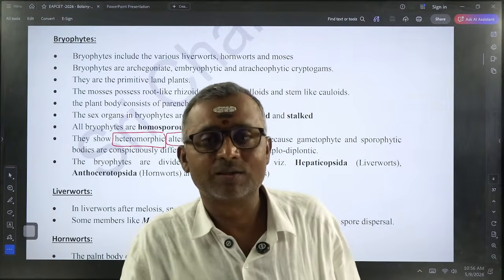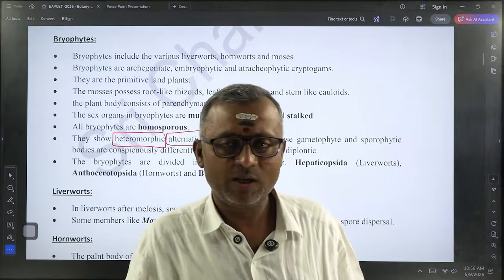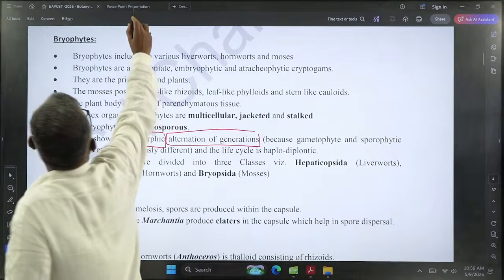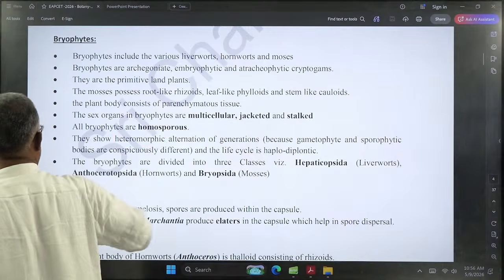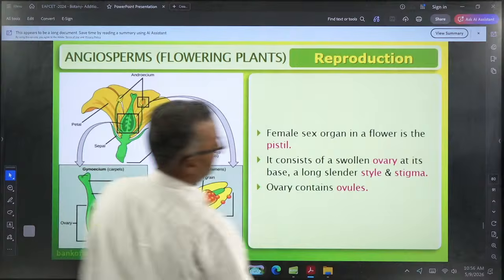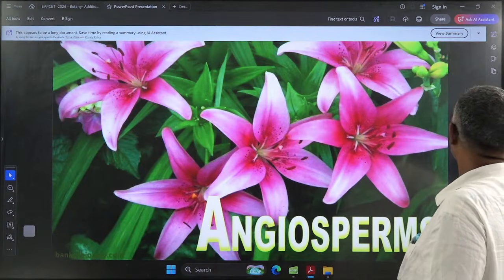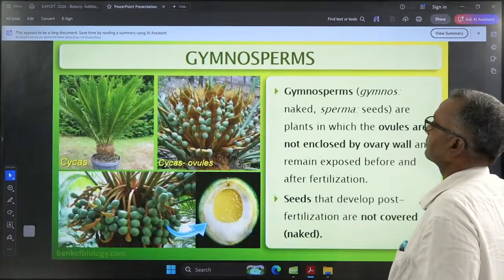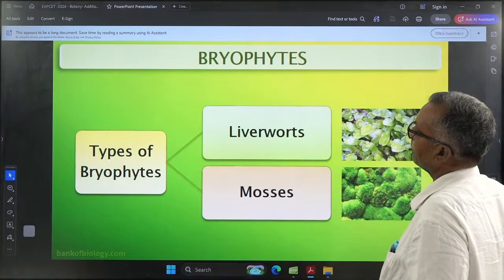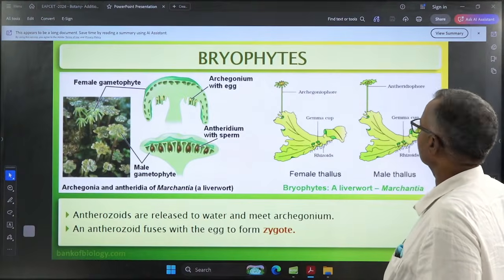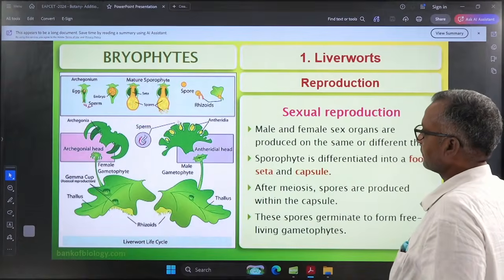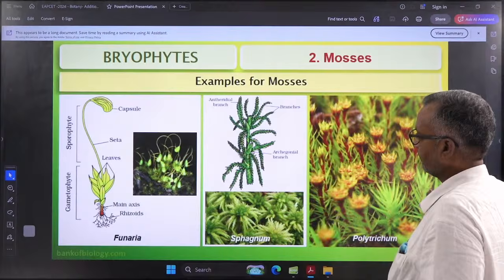I'll show you some diagrams. Then you can understand. I think you know that in your NCERT book also there is the Funaria structure. There is a leafy form at the bottom and there is also foot, seta and capsule. I'll show you in the diagram so that it will be very clear about this morphological difference. Yeah, look at the board carefully. Now look at here.